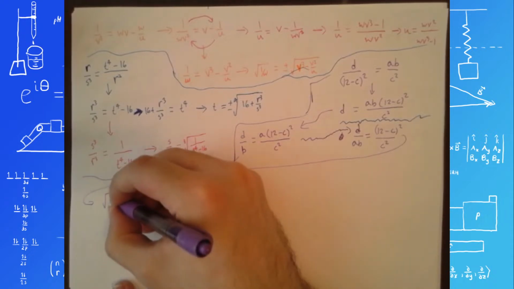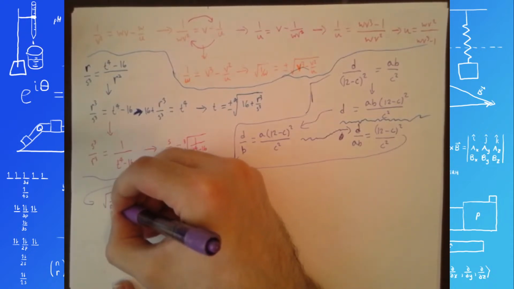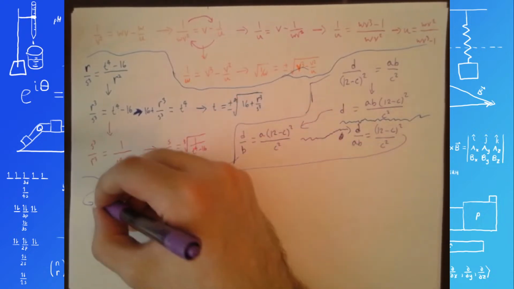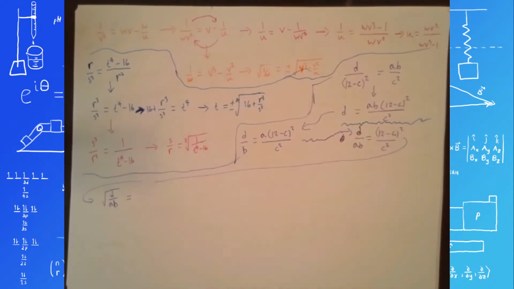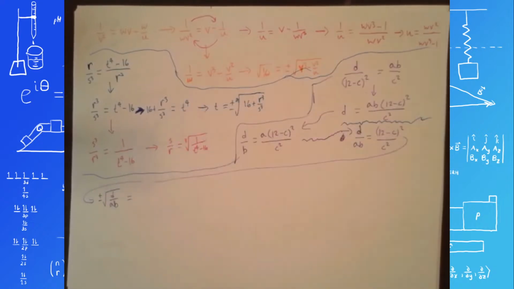Square root of d over ab. I guess it would be plus or minus the square root. Wait, do I need the plus or minus here? I'll just put it in just to be safe.